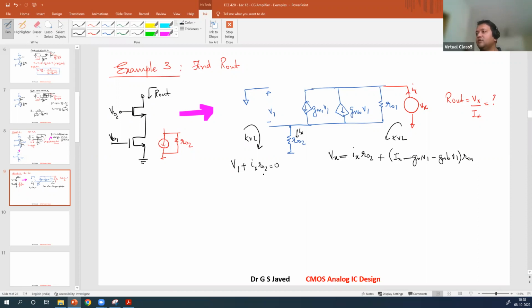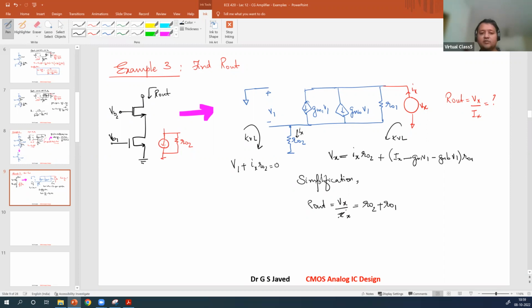Now substitute V1 in this circuit with minus Ix RO2, and then you get Vx over Ix here. Simplification gives you R out equal to Vx over Ix. Bring down Ix, so RO2 is left over plus Ix times RO1.